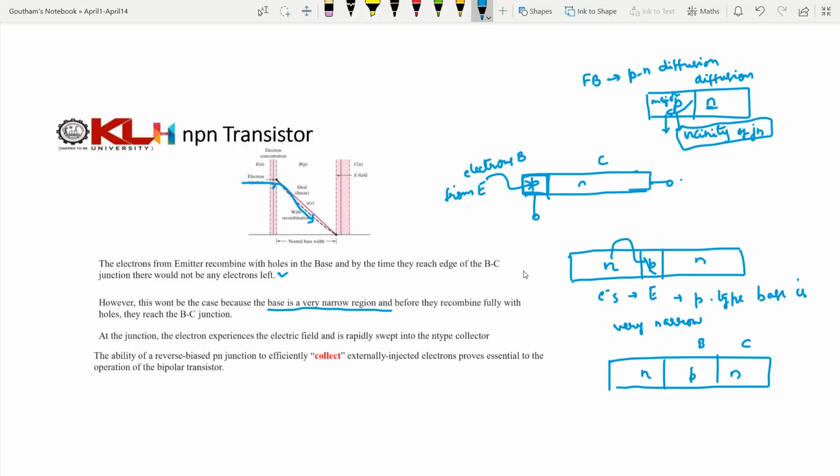We are looking at the condition in which the base-emitter junction is forward biased and the base-collector junction is reverse biased. Because it is reverse biased, there will be a depletion region in this fashion, and on the p side we have negative acceptor ions and on the n side we have positive donor ions.